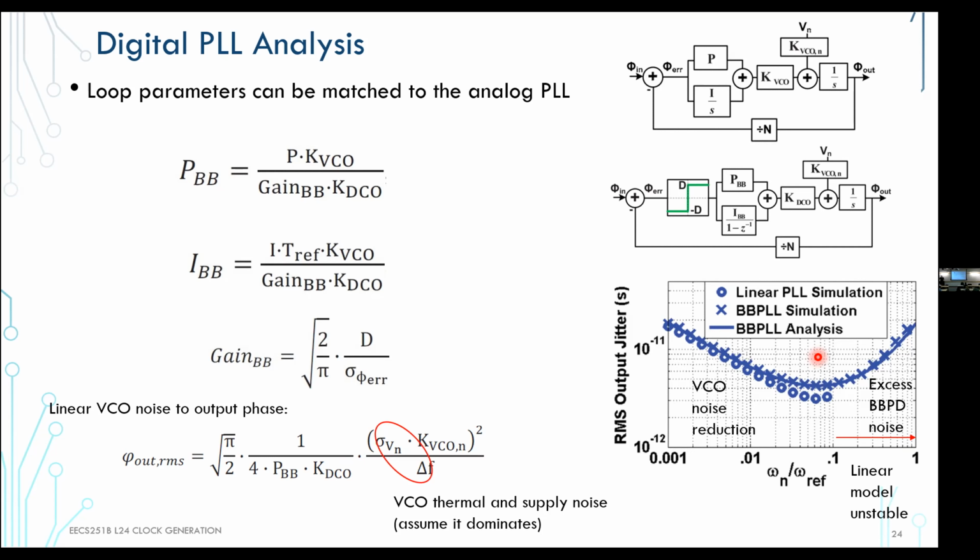A 5-bit TDC has 32 steps. But the quantization error is only proportional to the single step over 12, while I can jump anywhere within 0 to 31, right? So I improve. One way to go is to improve the resolution of the TDC, right? That adds more complication to this block over here. And some people have done that, right?